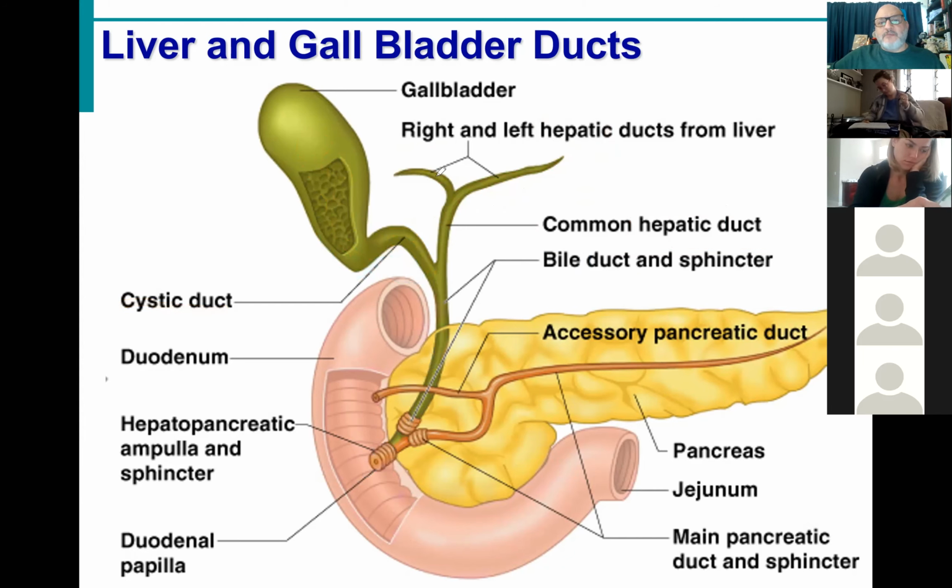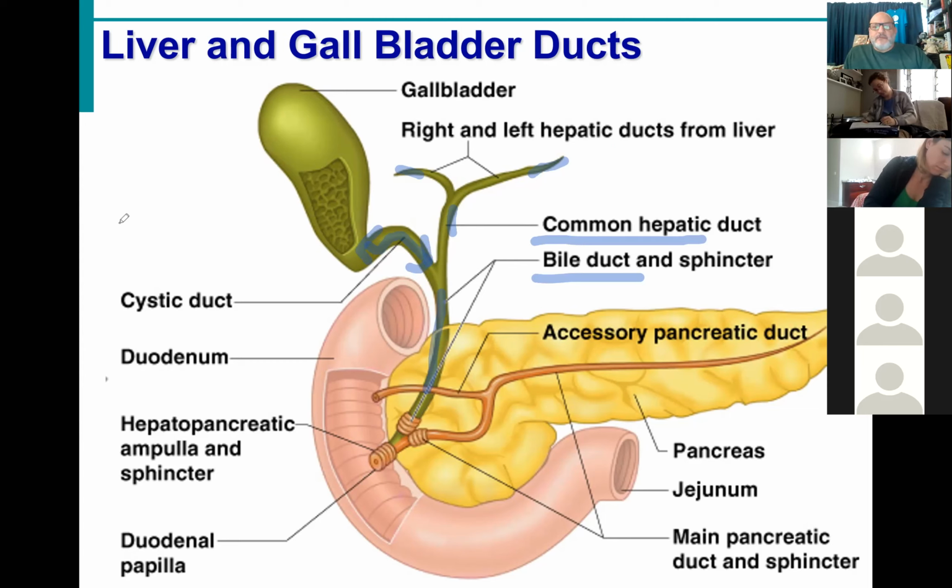Right hepatic duct comes from the right lobe of the liver. Left hepatic duct comes from the left lobe of the liver. Common hepatic duct from all of the liver. Bile duct contains all bile. And the cystic duct is the special one, the two-way duct that can carry bile to the gallbladder and also out of the gallbladder.